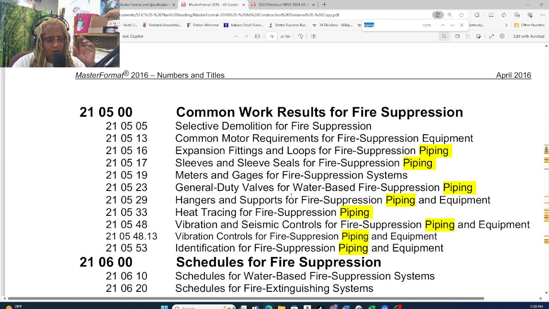Now, one thing I've noticed in specifications for the government, they may not necessarily have the three-part, two-digit number. They may only have two of the three, but same format, same information, same subdivisions.